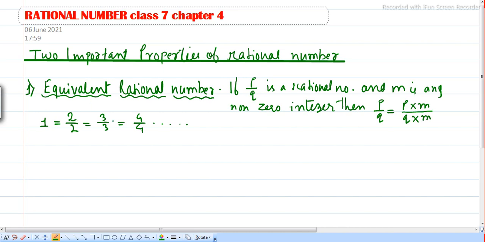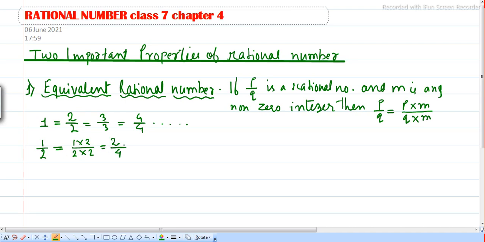So what is the meaning? Suppose we take a rational number 1/2, where 1 is p and 2 is q. If I multiply 1 with any number like 2, we get another number 2/4.